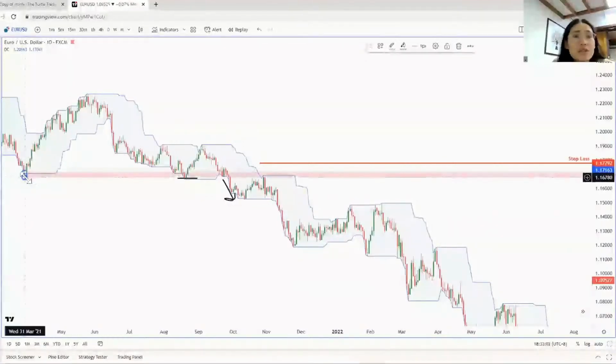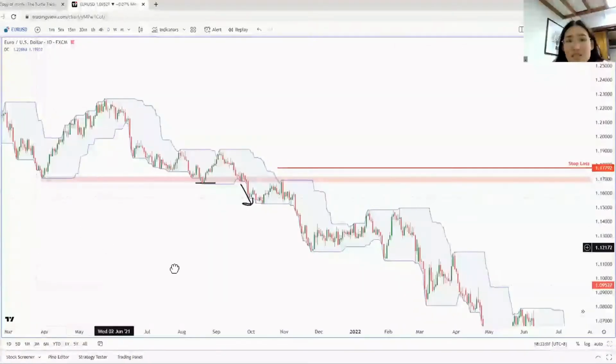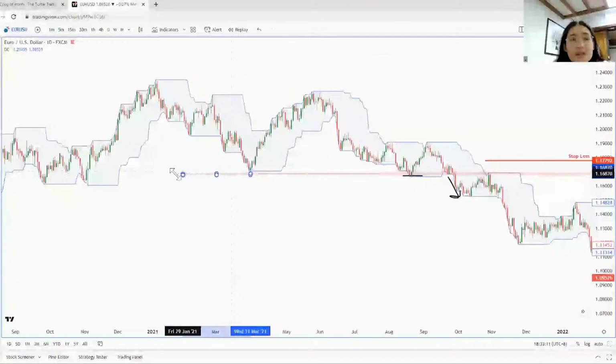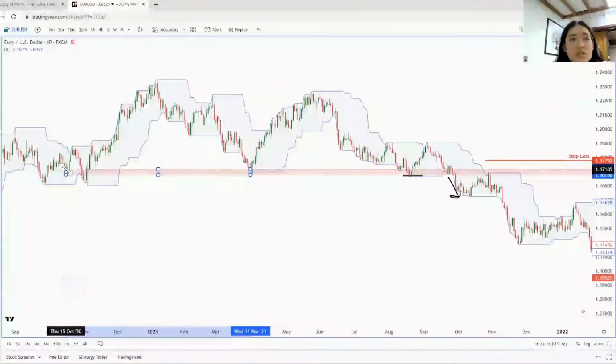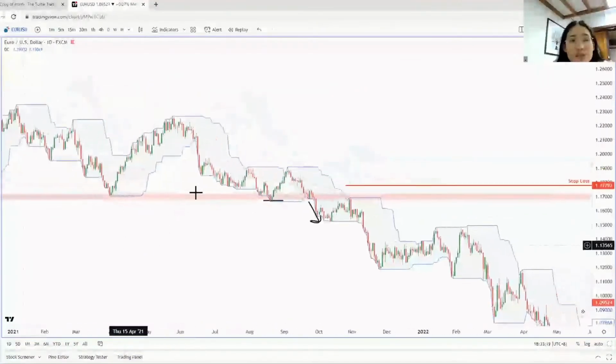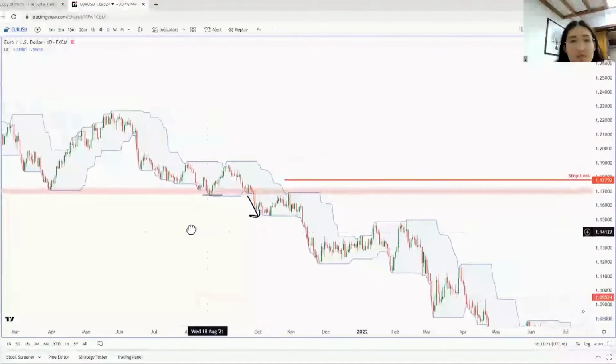When you have this area here, this is considered an area of confluence since price has tested this area many times before. Okay, see, I can even drag it all the way back over here. Price testing this area many times. So this is what we call a confluence area.